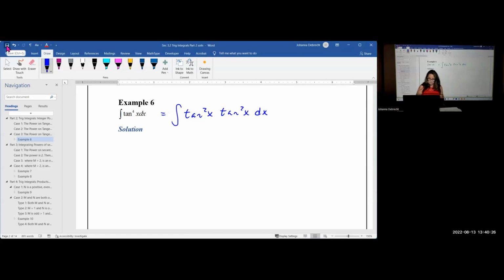Now what do we want to do? Well, I've got 2 tangent squared, so I'm going to take the second one and convert it using the Pythagorean identity. So this first one remains tangent squared of x, and the second one becomes secant squared of x minus 1 dx.